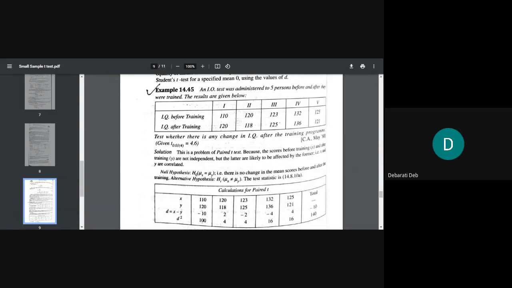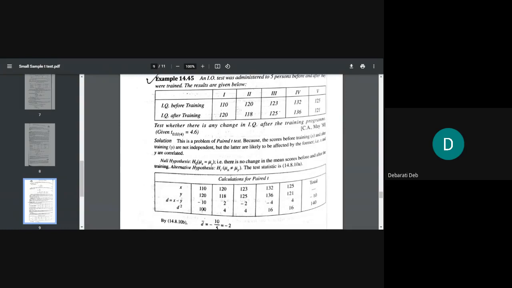Then what are the results? For person 1, the IQ test result before training was 110, and after training it was 120. Like that, data related to 5 persons are given to you. Write the question later on, leave some space and you can write it later on. For now, you solve the problem first.